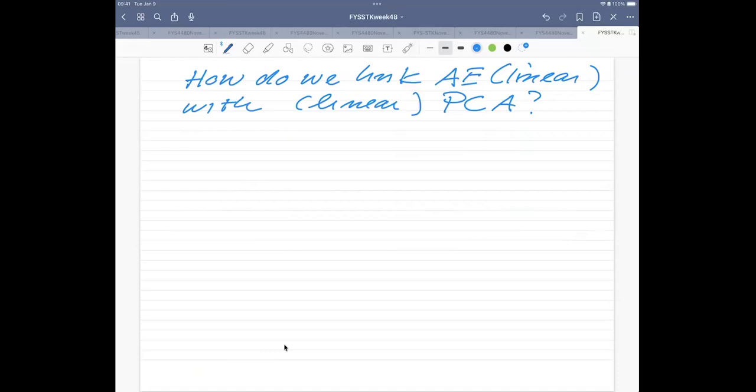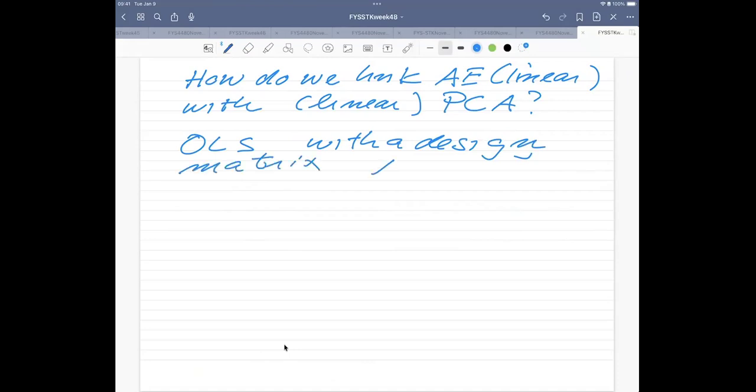Let me try to show that gradually. If you look back at what we did in ordinary least squares, let me remind you of that. In ordinary least squares, we had a design matrix X, which had n data points and p features.